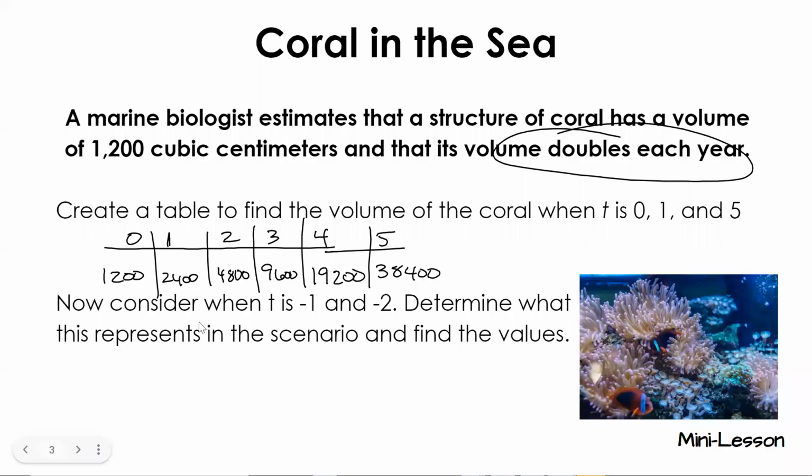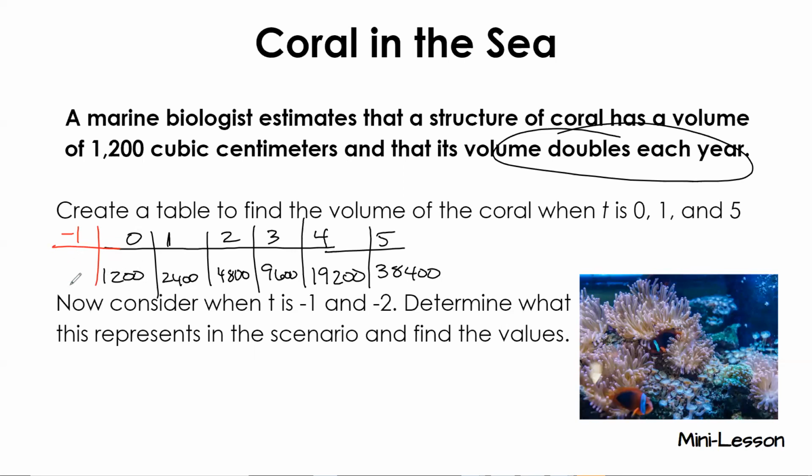Okay, so now consider when T equals -1 and -2. Remember how I was like, you really can't have negative time? Well, you can't have negative time, but that being said, we can talk about previous time a little bit. Normally, it's kind of frowned upon. So if we wanted to find when T is -1, we would look at our table, and we're at 1,200 at 0.